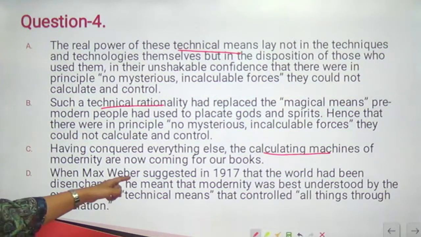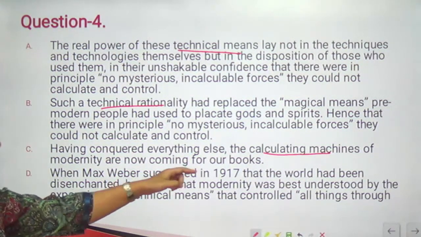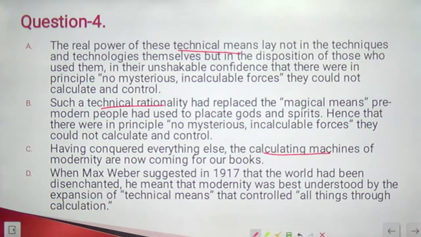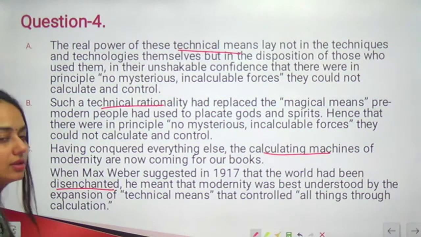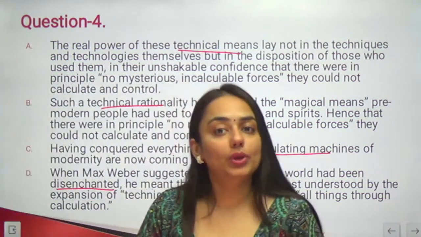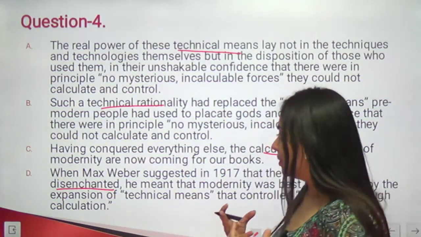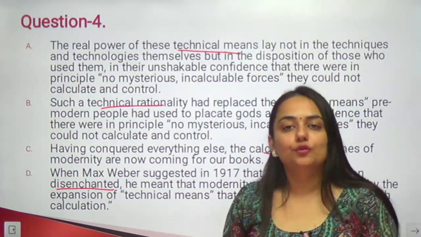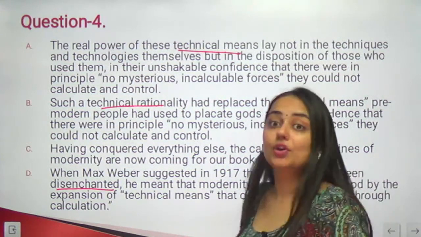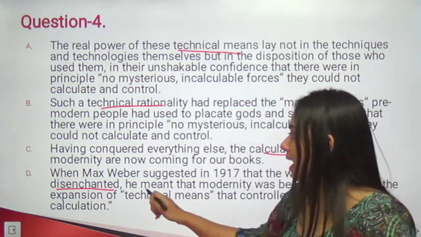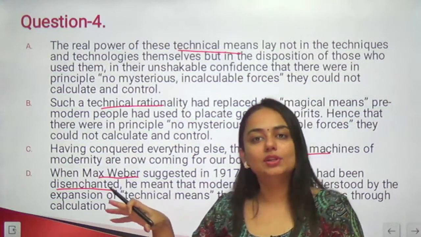Max Weber suggested in 1917 that the world had been disenchanted. Enchanted is when you are very much in awe with something. You feel as if you are possessed with something. You are in some kind of a different zone. You feel enchanted, possessed, spirited, you can say. So Max Weber said that the world has been disenchanted now.